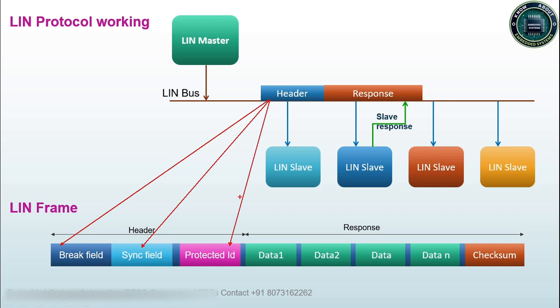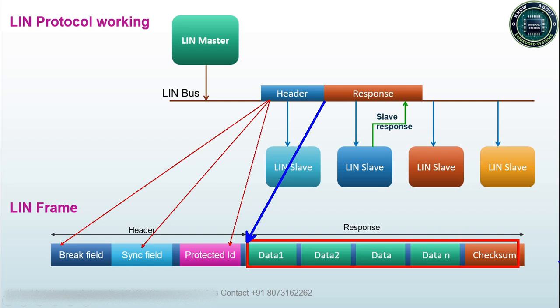Once that message ID or protected ID is identified by the slave, that particular slave is going to give the response by sending data bytes along with the checksum. This is your response. The response will have two important things: up to 8 bytes of data plus one checksum. We will discuss all this one by one.